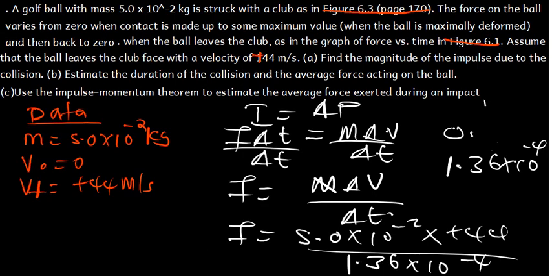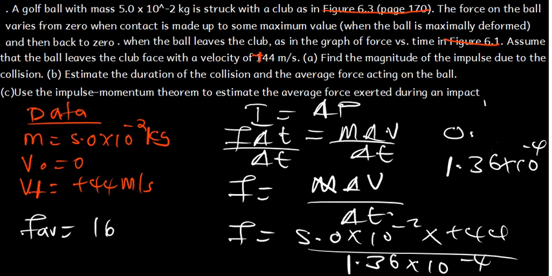Let's see what we're going to have. So 5.0 times 10 to the power negative 2 times 44, divided by 1.36 exponent negative 4. I'm getting my average force to be 16,000.